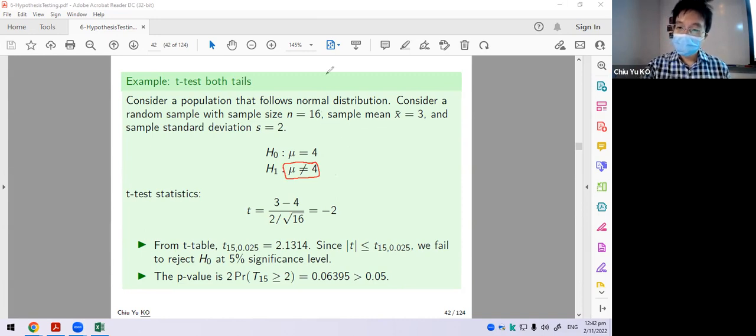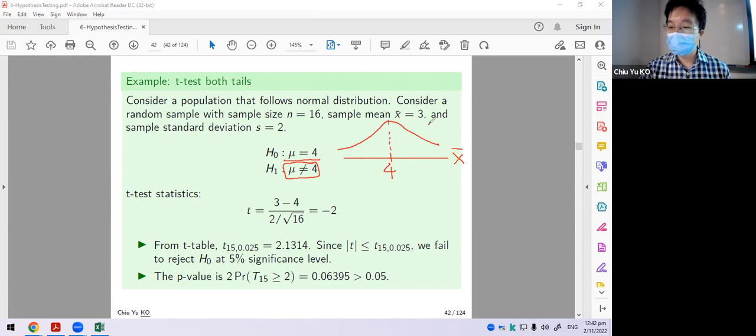So the problem we have is X bar again. I'm not going to spend too much time justifying that 4 is here. Because we don't know, we want to see whether it's 4.